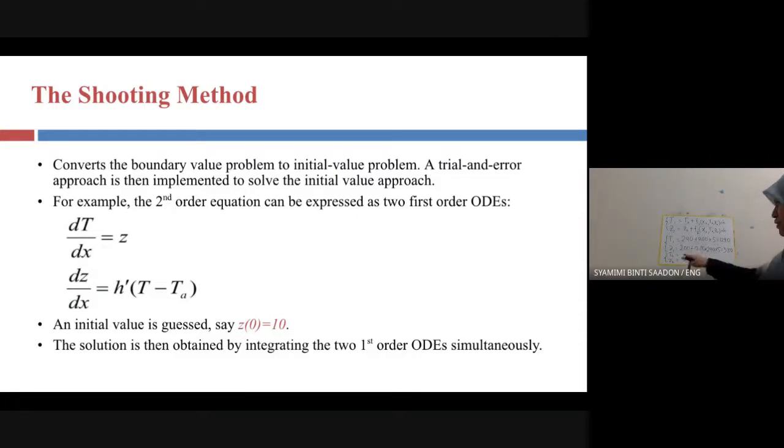The same thing: T2 equals T1 plus F1, but this time F1 depends on S1, T1, Z1, times h, and Z2 equals Z1 plus F2 h. I didn't calculate until finish, just put in the values.